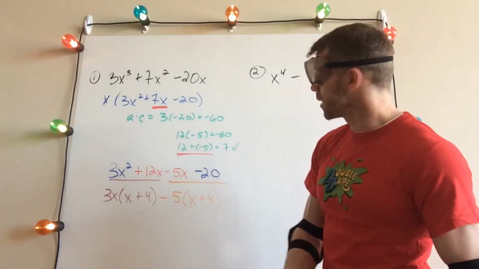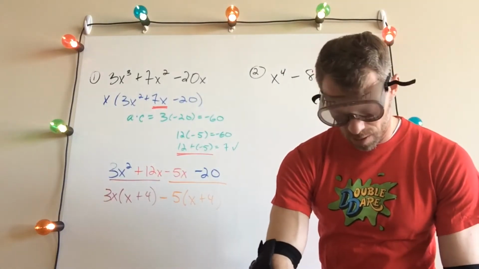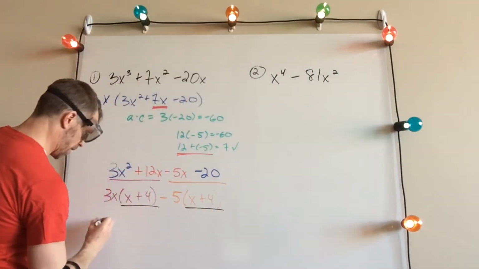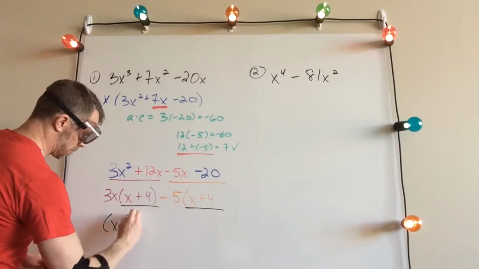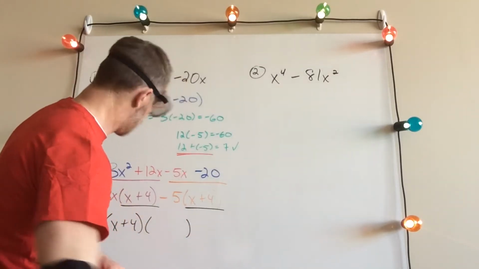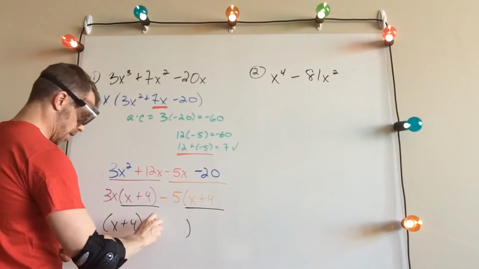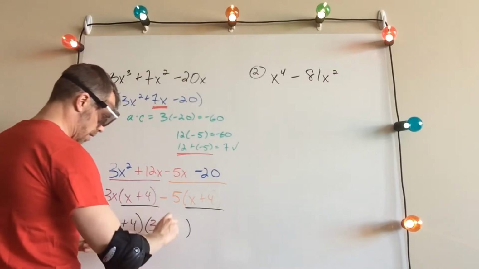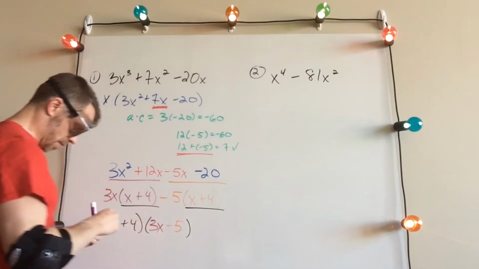So we can take that set of parentheses, bring it all the way to the front, and then inside your next set of parentheses is the 3x and the minus 5.